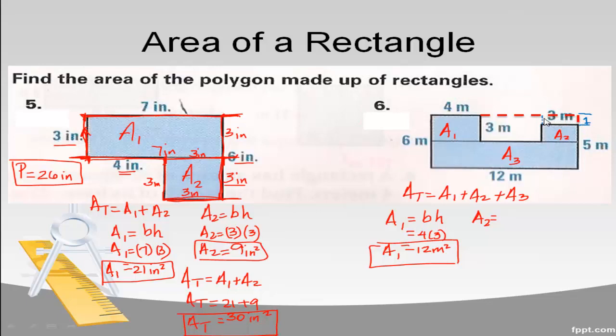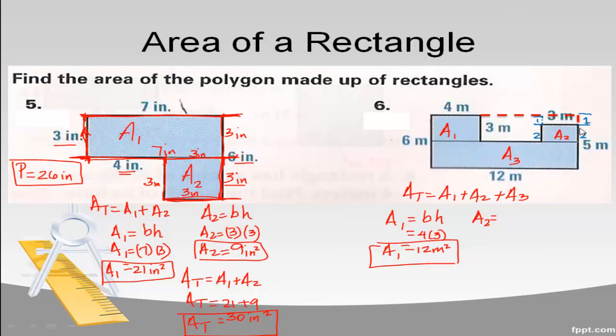And this side would also be 1 from here to here. Now, the whole thing measures 3. So this whole thing here measures 3. If this piece is 1, then that tells me that this little piece here has to be 2. And I found the height for area 2, which is 2.